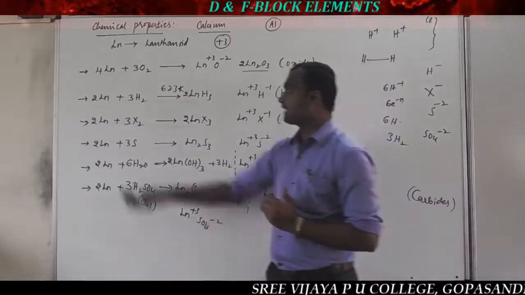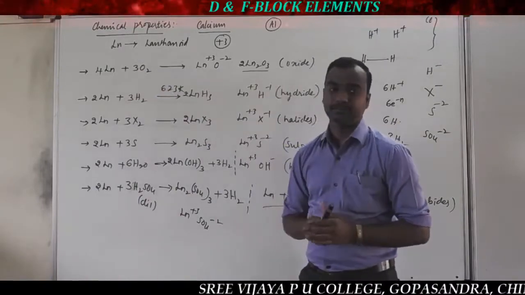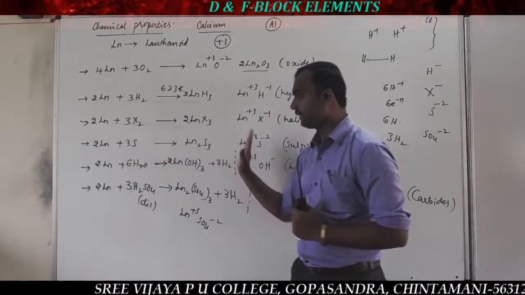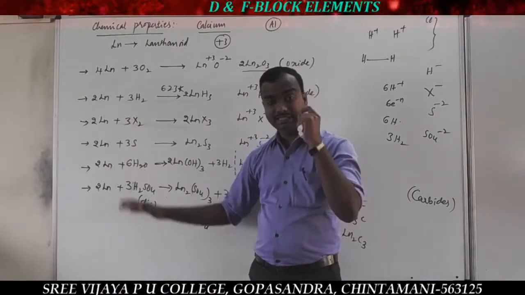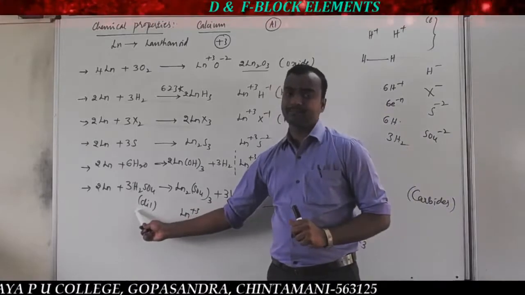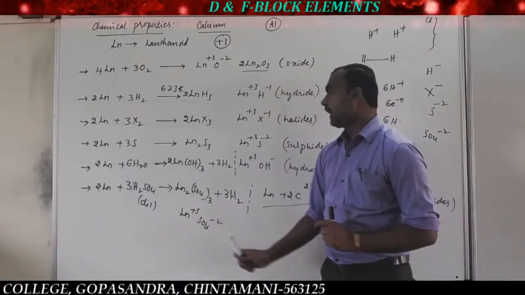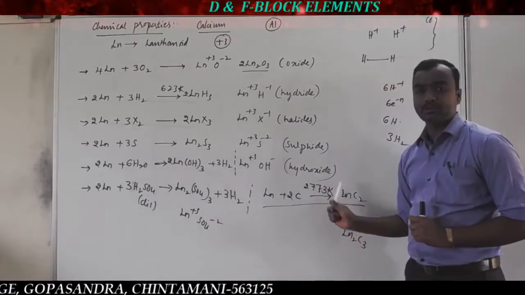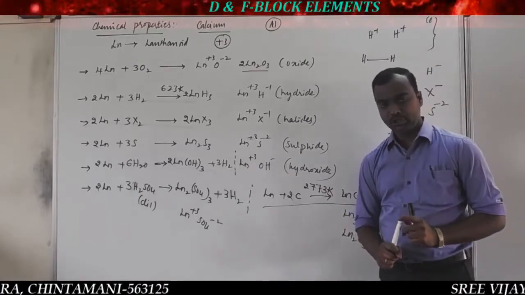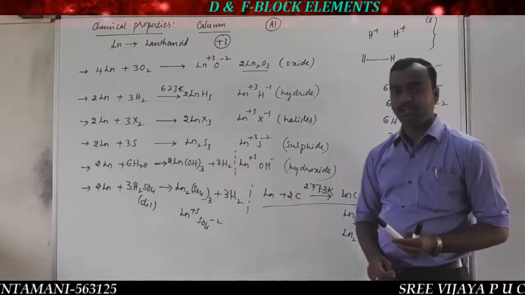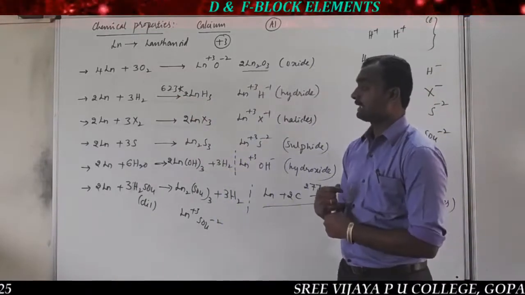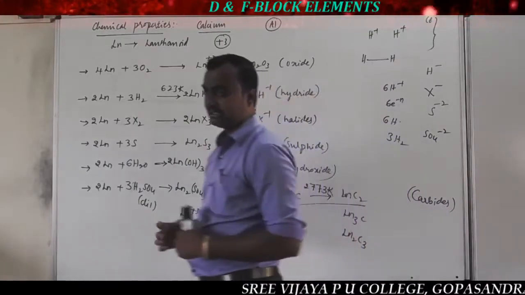Lanthanides react with oxygen to give oxides, with hydrogen to give hydrides, with halogens to give halides, with sulfur to give sulfides, with water to give hydroxides with liberation of hydrogen gas, with dilute acids liberating hydrogen gas, and with carbon giving different types of carbides, especially LnC2 at about 2773 Kelvin. For the hydride, the reaction is carried out at 623 Kelvin.